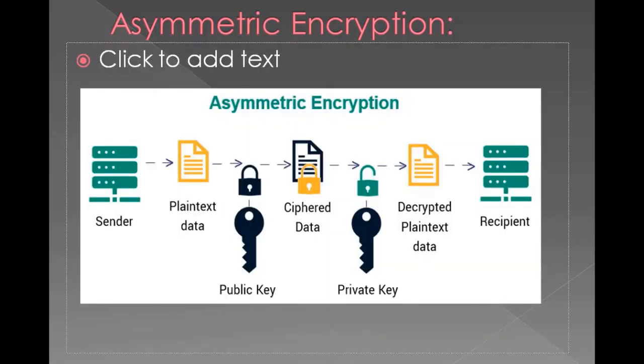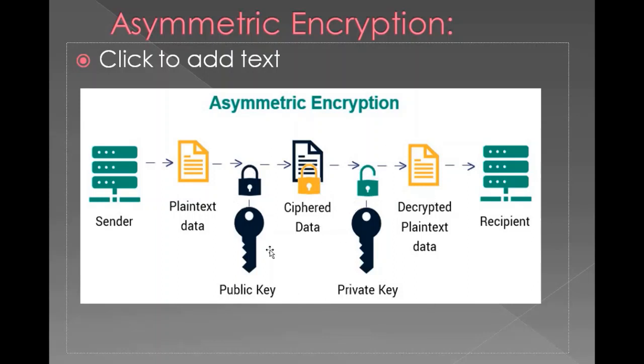Here's a diagram of how it works. The sender converts the plain text data using his public key into ciphertext data, and then that ciphertext data and that private key is sent to the receiver.